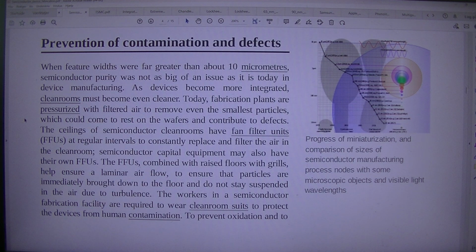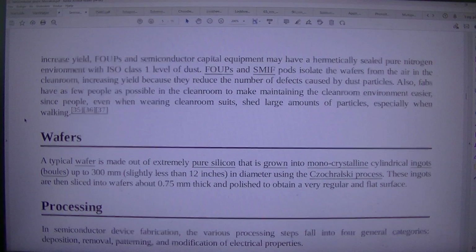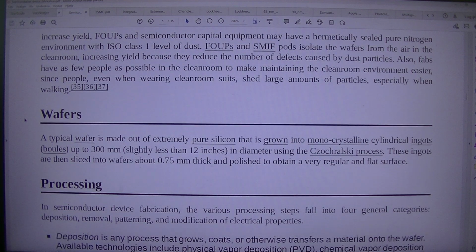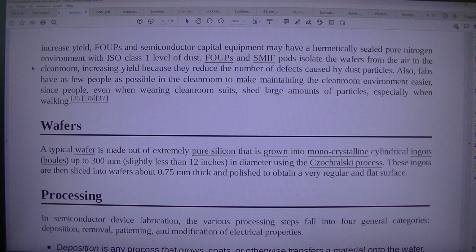The workers in a semiconductor fabrication facility are required to wear clean room suits to protect devices from human contamination, to prevent oxidation and to increase yield. FOUPs and semiconductor capital equipment may have a hermetically sealed pure nitrogen environment with ISO Class 1 level of dust.